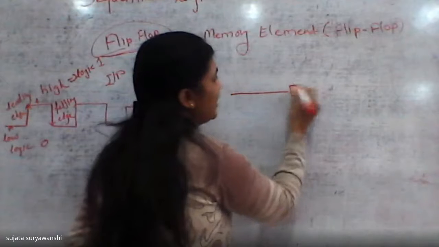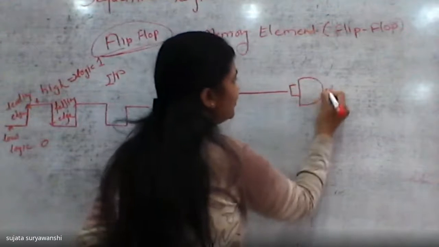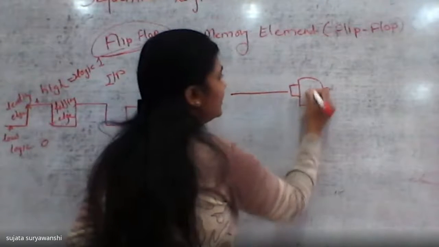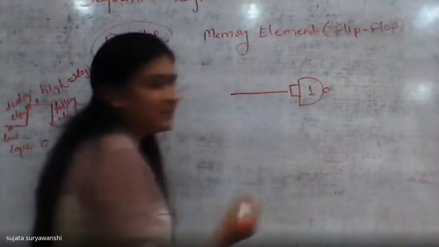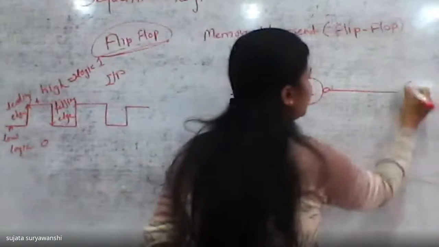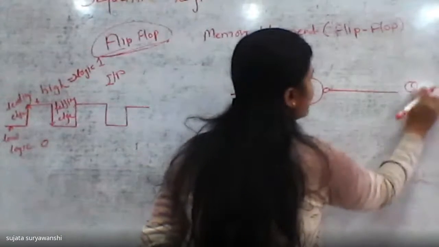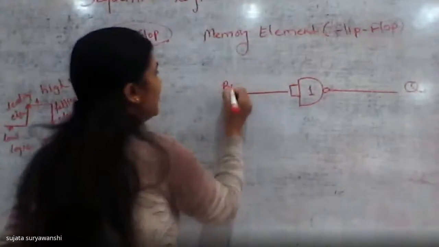One single-input NAND gate we are going to use here. This is my proposed first NAND gate. Output of this one is called Q and input will be V1.